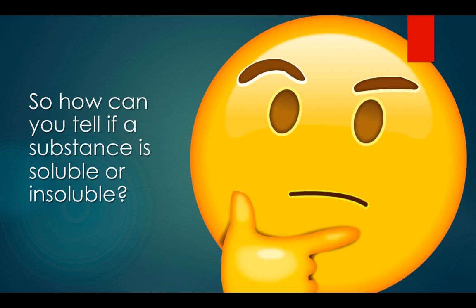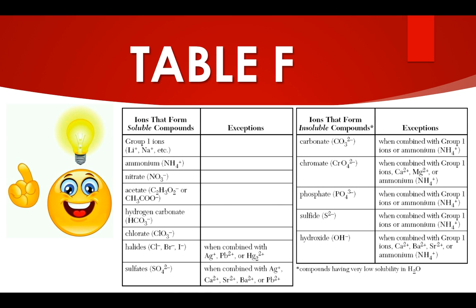Well, one of the easiest ways to do this for you guys is to use your reference tables and take a look at Table F. Table F is the reference table titled Solubility Guidelines for Aqueous Solutions. So these are solubility guidelines for solutions mixed with water, right? Because that's what aqueous means.